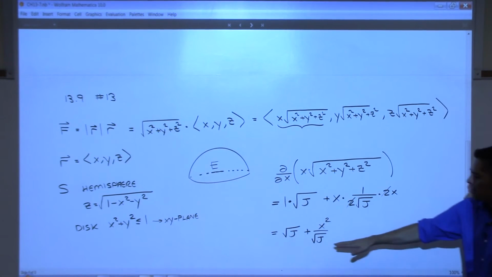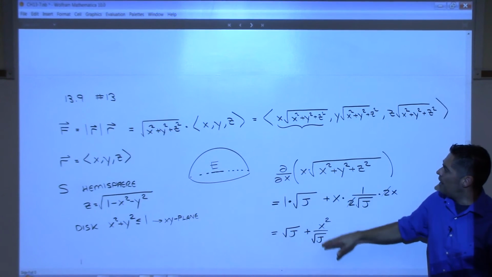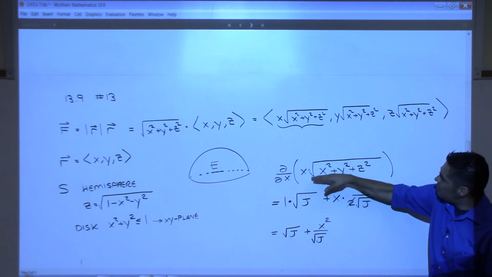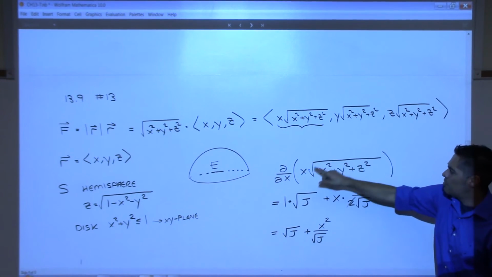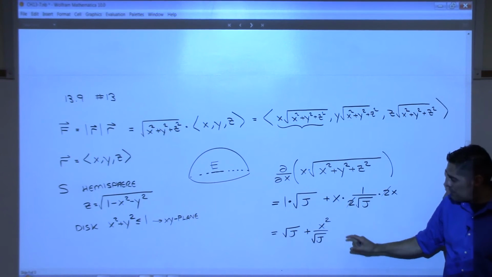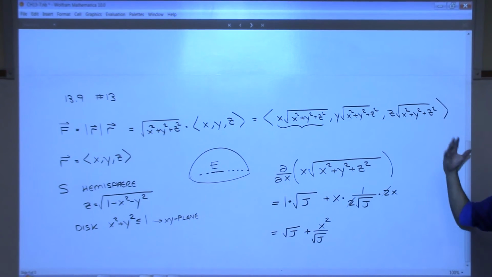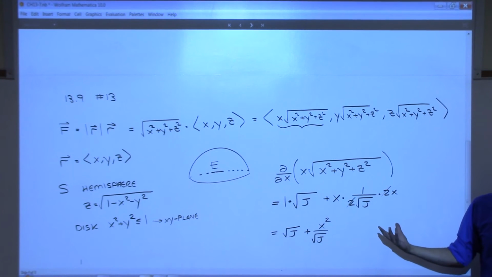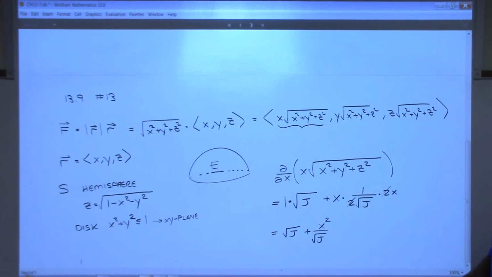Okay, now this is the partial with respect to x. The only difference between this and this is there's a y here, but I'm differentiating with respect to y, so everything should be exactly the same except y squared, and the last one should be everything the same except z squared, right? That'll be nice.